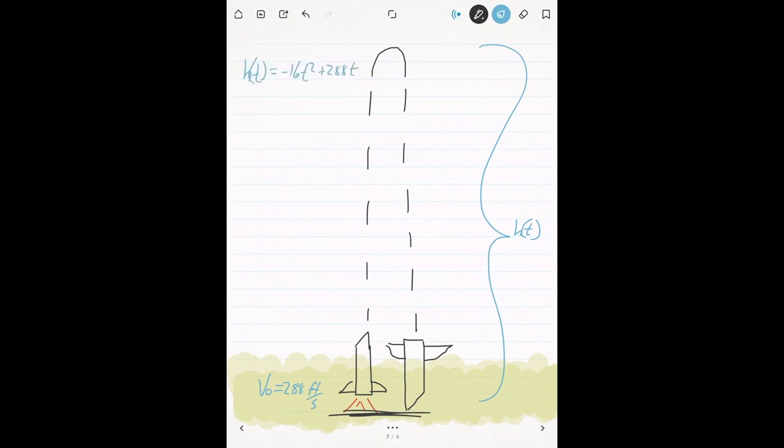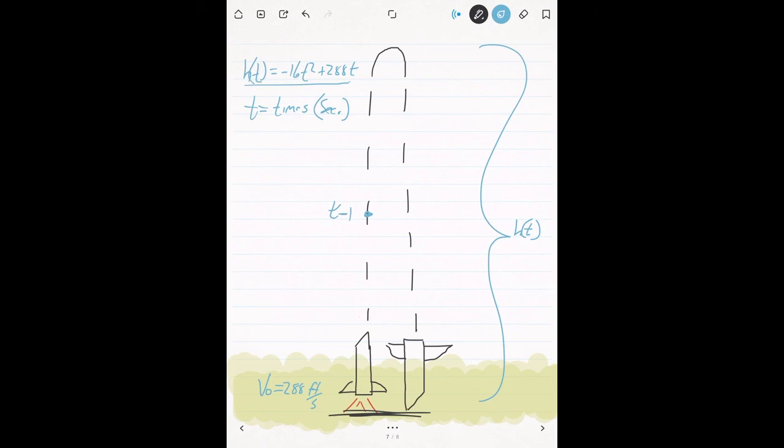h of t equals negative 16t squared plus 288t. This formula tells you the height of the rocket for various times in seconds. So obviously at different times during the flight, the rocket was at different heights.